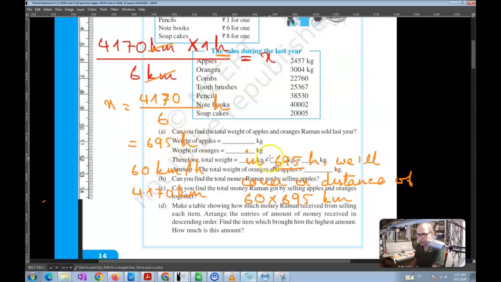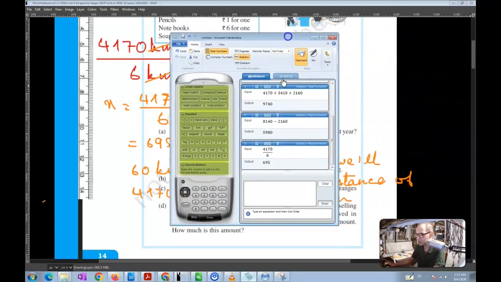So in 695 hours we will cover a distance of 60 times 695 kilometers. Now 60 times 695, that's the same thing as 41,700, which is way too large a number.